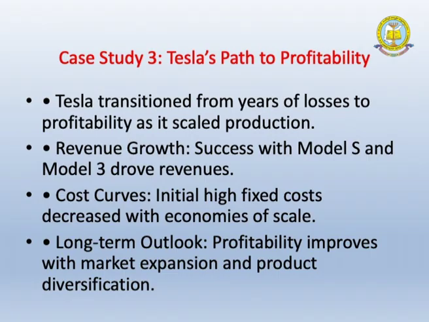Its success is represented with the S model and Model 3, which began to give bumper profits. Then there is a cost curve. Initial high fixed costs decrease with economies of scale. And in the long run, the profitability of Tesla improved substantially.